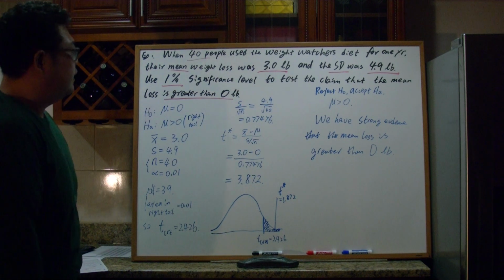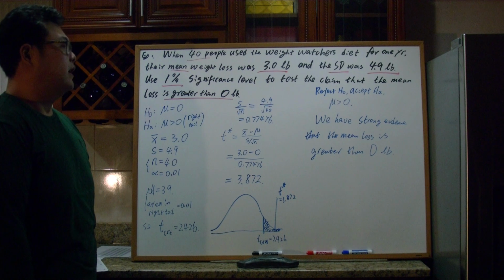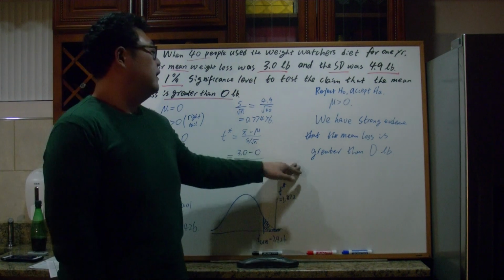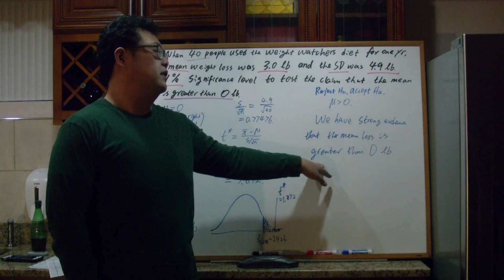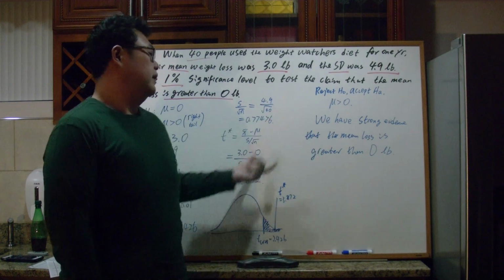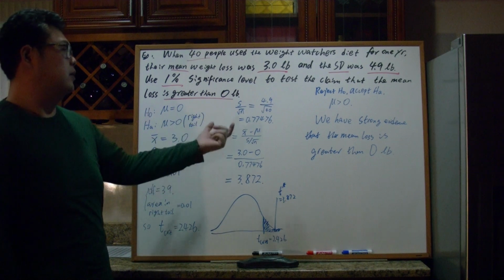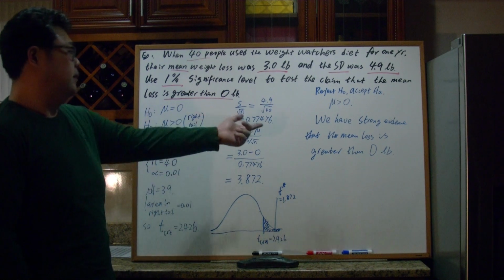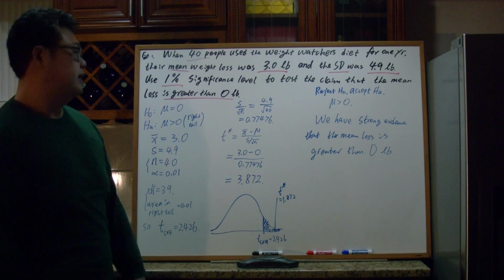But for 1 year, losing just 3 pounds is maybe not very useful for the diet. But at least this question was asking whether the mean loss is greater than 0, and from this work we show that it is. I have enough evidence to support the claim that the mean weight loss is greater than 0 pounds.